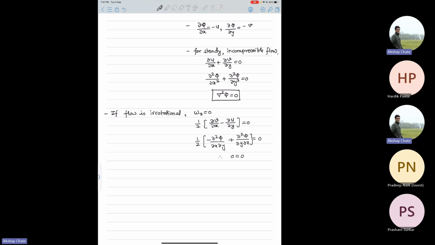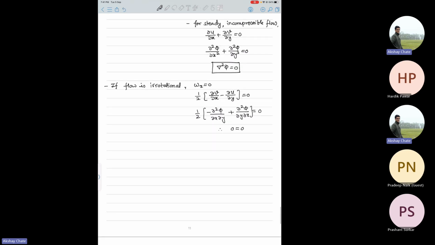So that means if flow is irrotational, velocity potential will exist. If you talk in the reverse sense, if the flow is rotational, then the velocity potential will not exist. That is how it is.